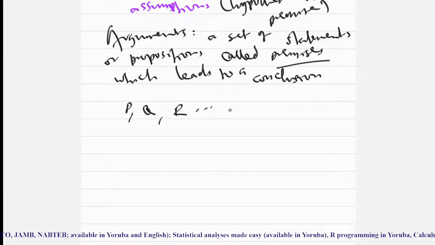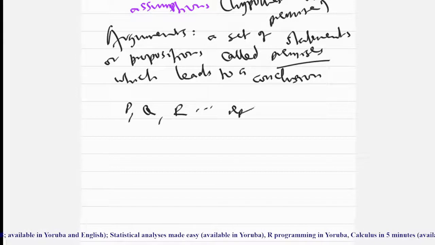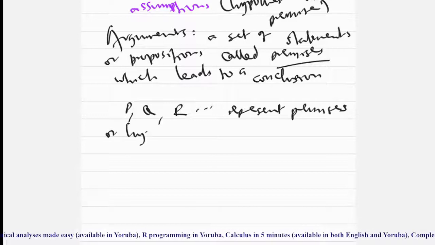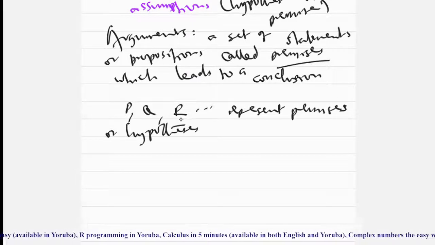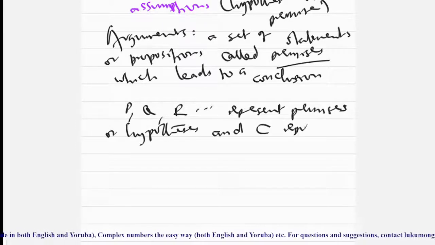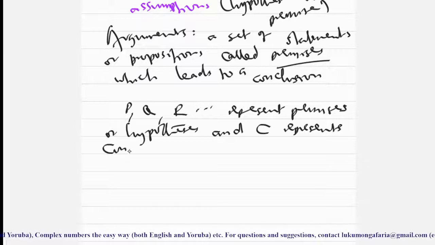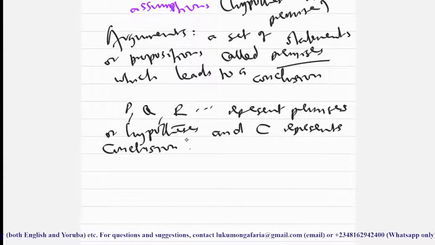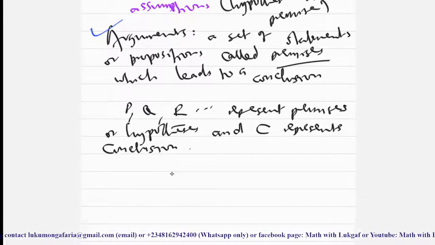If they represent my premises or hypothesis, or assumption, anyhow you call it, and let's say C represents the conclusion. Then when you are talking about a valid argument, I described a valid argument here, but I want to express it mathematically, logically.